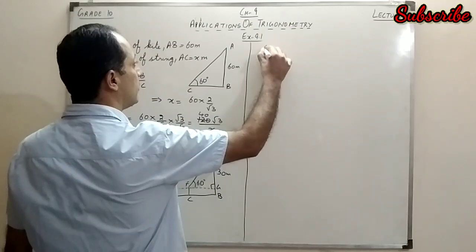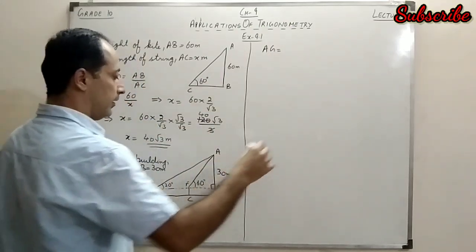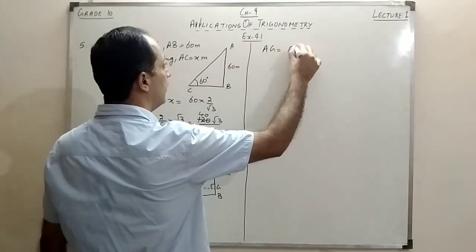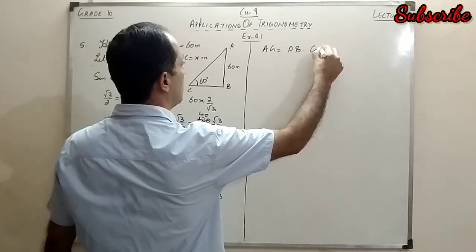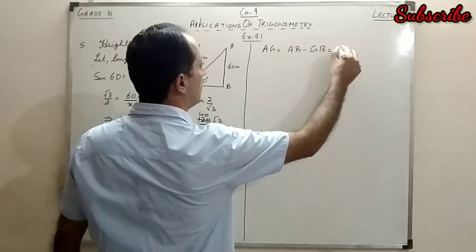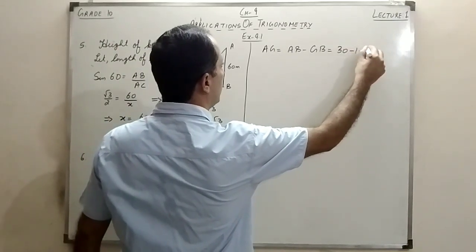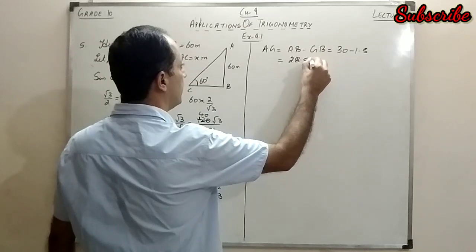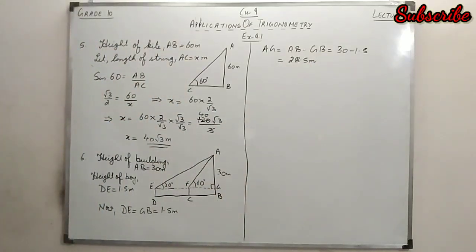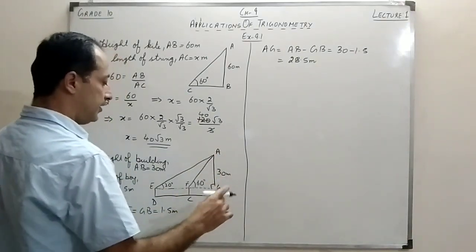AG equals AB minus GB. That is 30 minus 1.5, and I get the value as 28.5 meters.